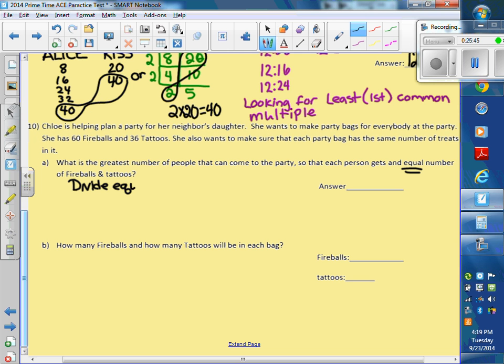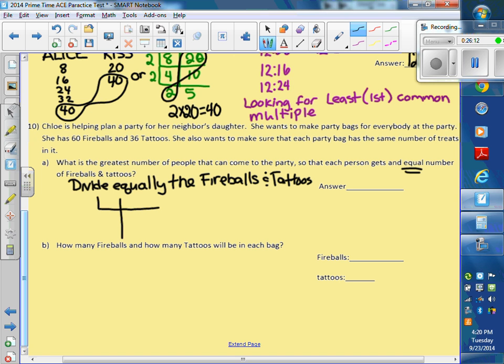equally the fireballs and tattoos. So we have to divide them up, so we're going to use factors. So we're going to use a division ladder to find the greatest common factor.